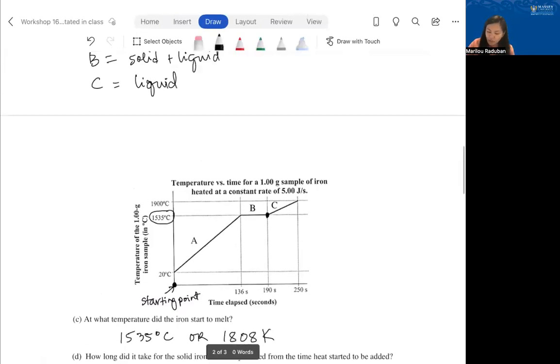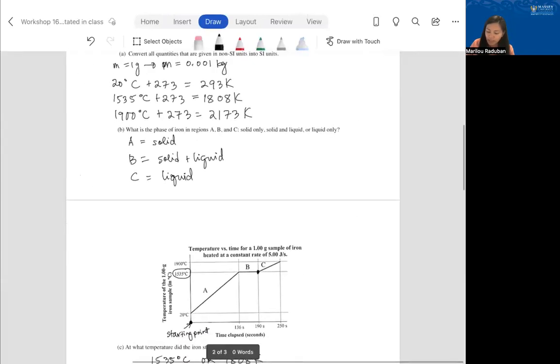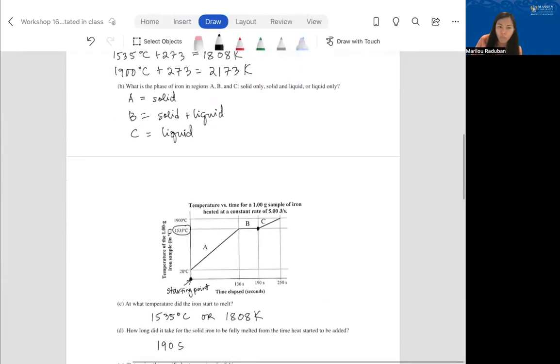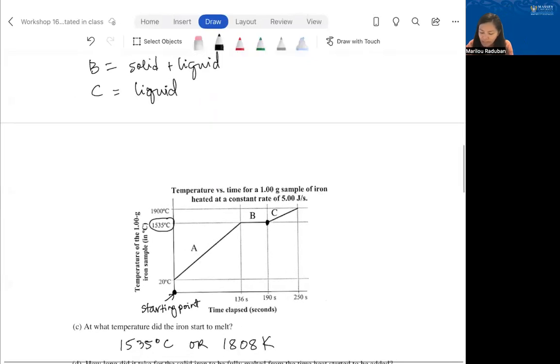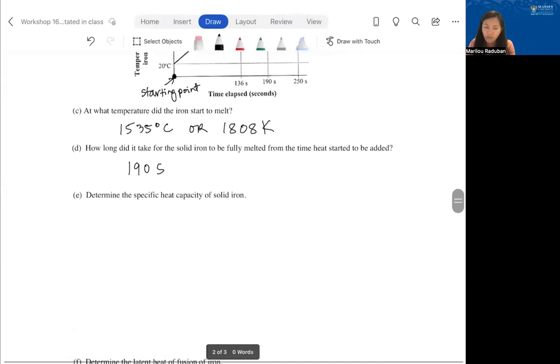So far with the questions, we're just reading the graph and trying to interpret what it means. The second question is where we now go into some detailed calculations. We're being asked in question E to determine the specific heat capacity of solid iron.